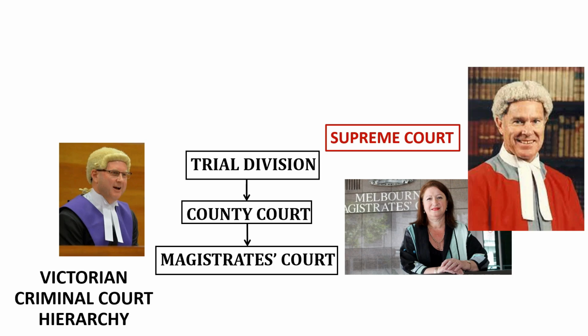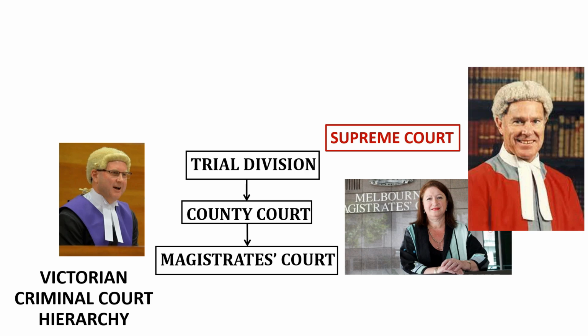Both the Trial Division of the Supreme Court and the County Court deal with indictable offences. Where an accused person pleads not guilty to an indictable offence, then their case is brought before the Trial Division of the Supreme Court or the County Court, and that proceeding is called a trial.